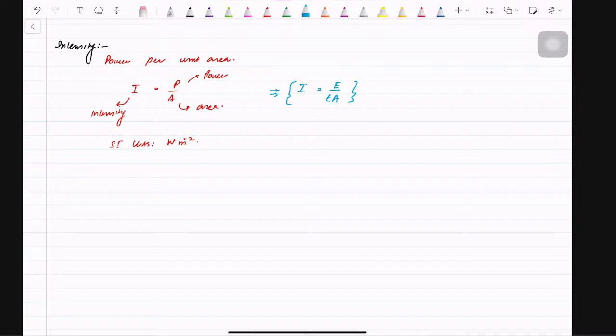So the relationships are that intensity is directly proportional to amplitude square of a wave. Intensity is directly proportional to square of the frequency, and intensity is inversely proportional to distance from the source where the wave is coming from. Okay.